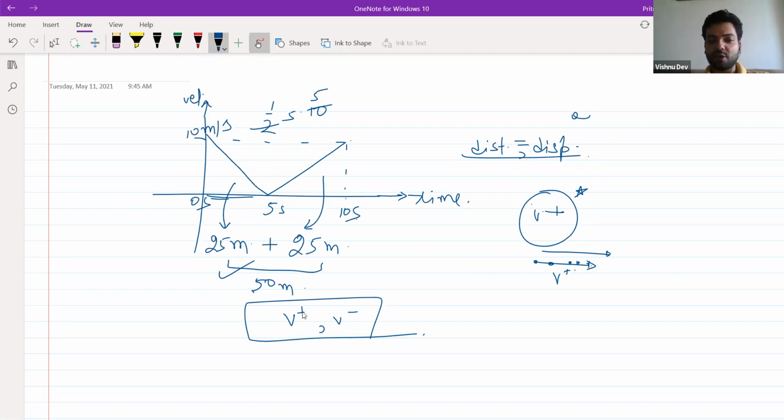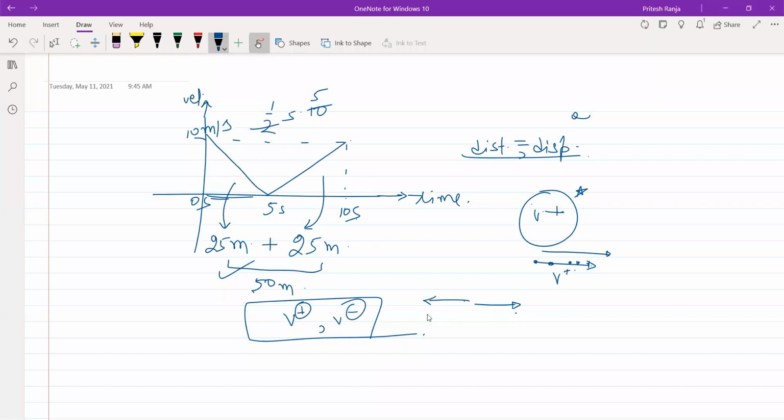Simply, positive velocity means the object is moving to the right. Negative velocity, generally we take the object moving in the opposite direction, left. Yes, it's just a relative thing. If this represents the object moving to the right, then this should represent the object moving to the left.